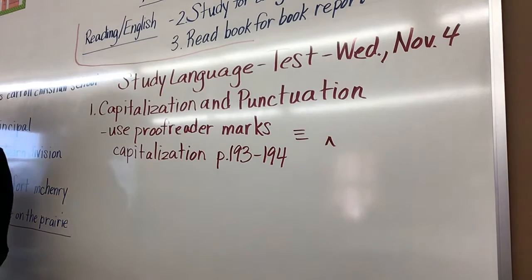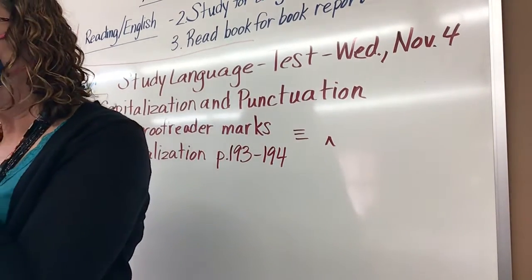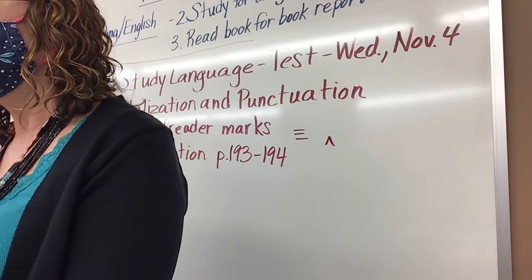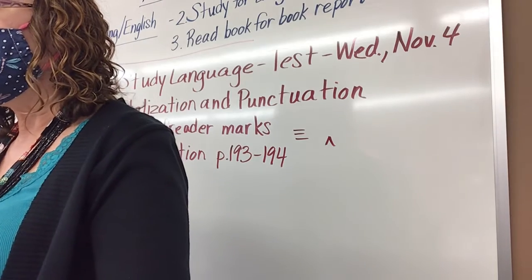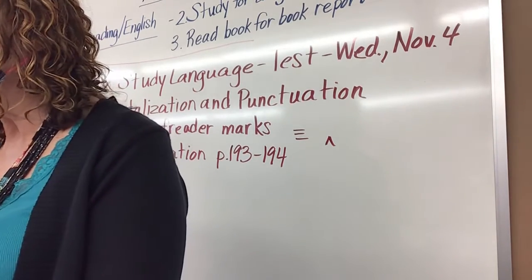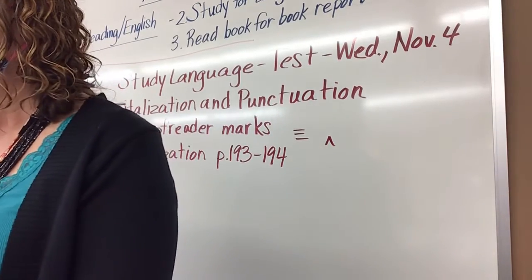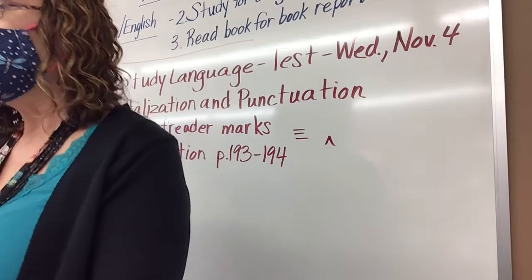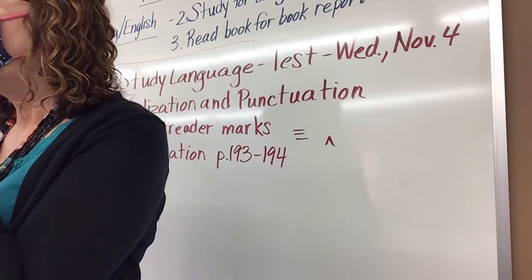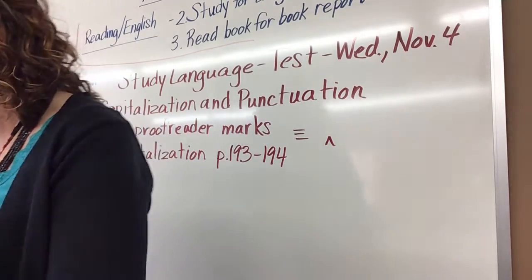Turn the page. Number 4, capitalize holidays and special days. Number 5, capitalize names referring to God and the Bible. Number 6, capitalize names, titles of respect, initials, and the word I. And number 7, capitalize the first word, the last word, and every important word in the titles of books, stories, poems, and songs.